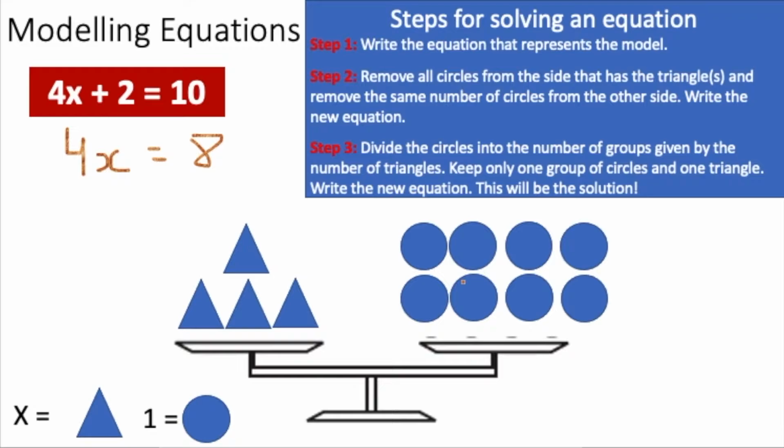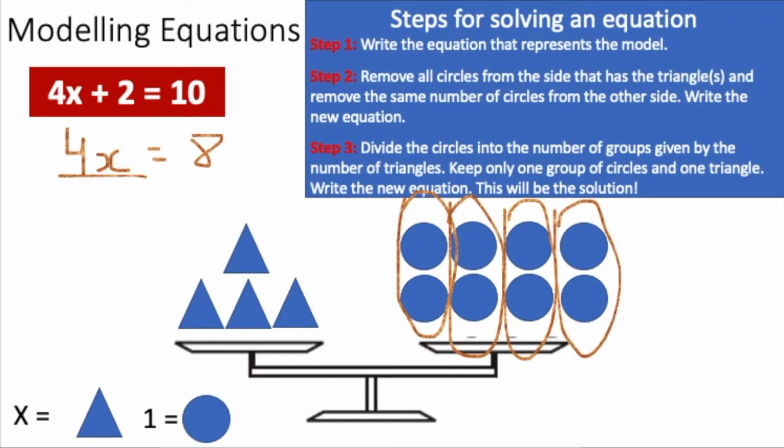So now I'm going to divide the circles into the number of groups given by the number of triangles. Okay, so I have 4 triangles, so I'm going to divide them into 4 groups. Now I'm only going to keep one group of circles.